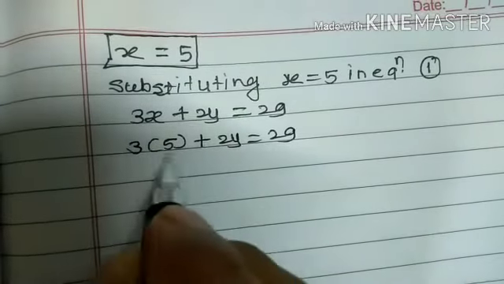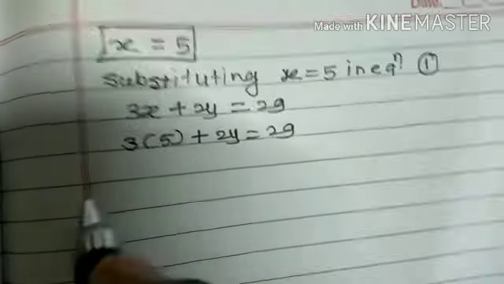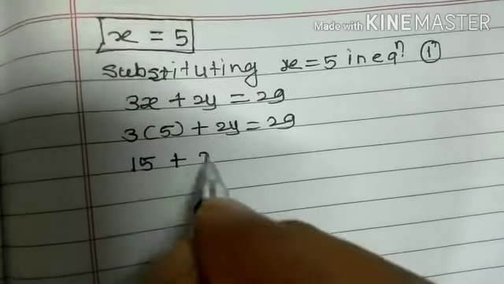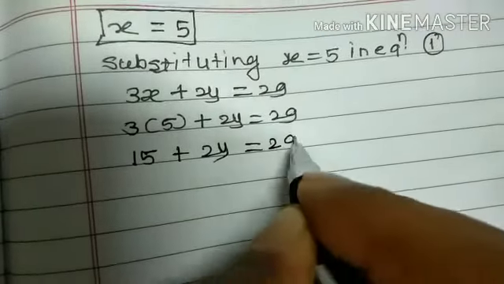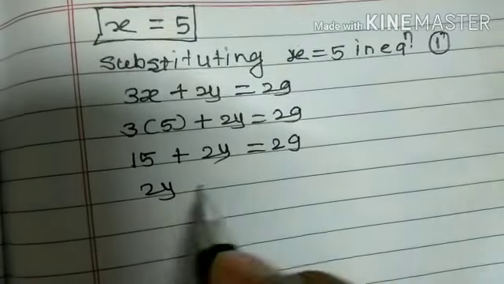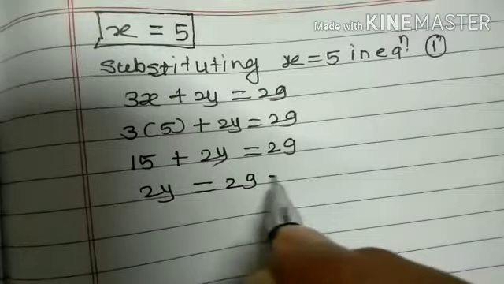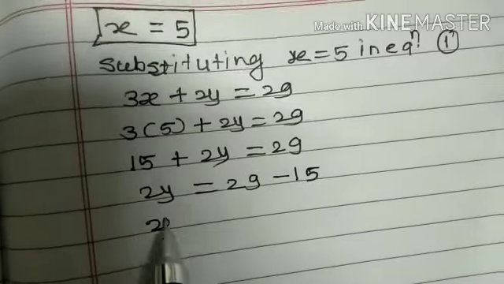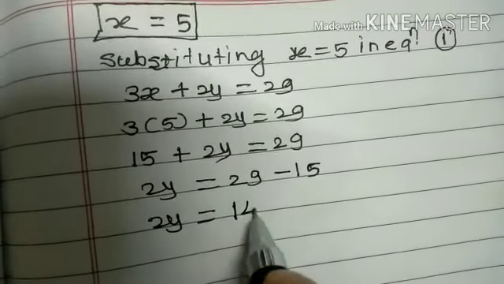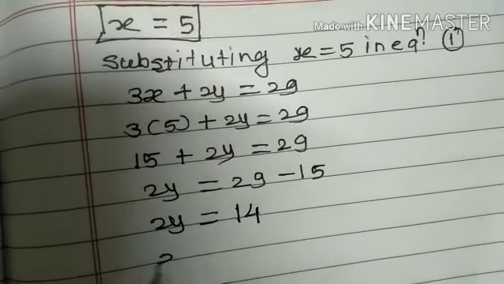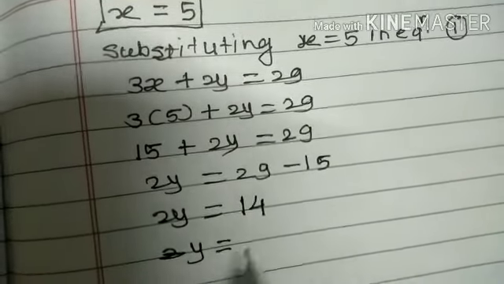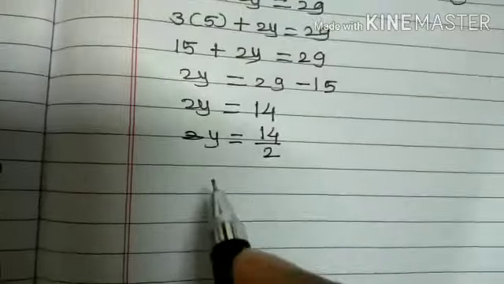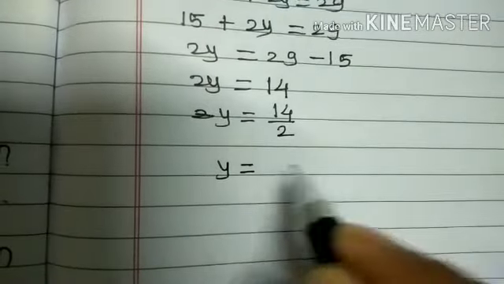It means 3 into 5 plus 2y is equal to 29. Now 3 fives are 15 plus 2y is equal to 29. Now 2y is equal to 29 minus 15. Then 2y is equal to how much remains here? 14, and hence y is equal to 14 upon 2. y is equal to 7.